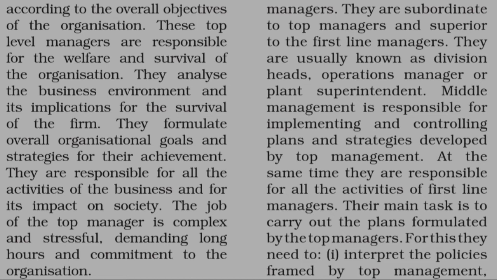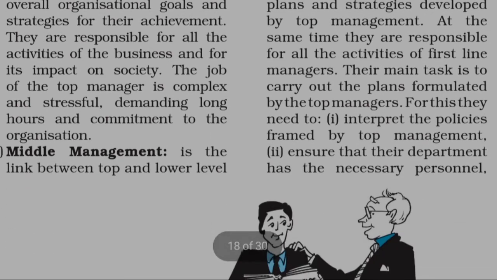So, thus, they act as a link between the top management and the lower management, which is also called the supervisory management. So, what functions will they perform in any organization which we are discussing right now? The main task of the middle management is to carry out the plans formulated by the top management.